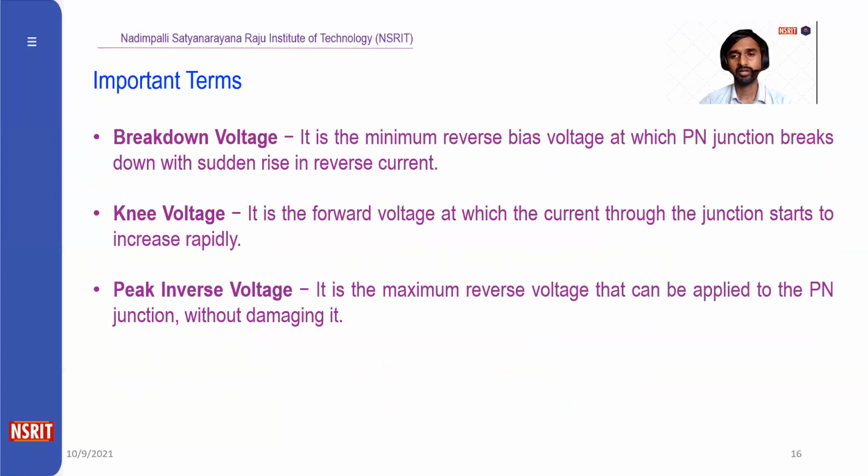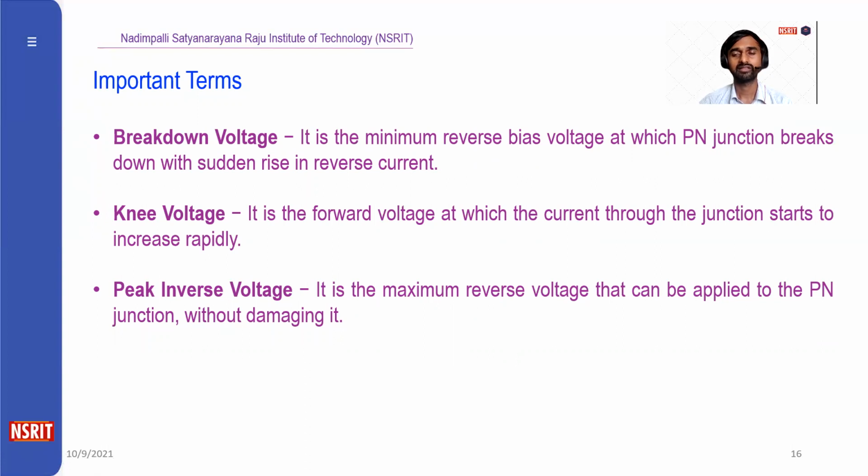Now, there are some important terms that we need to concentrate on. First is the breakdown voltage. Breakdown occurs in reverse bias condition. The minimum reverse bias voltage at which the PN junction breaks down with a sudden rise in reverse current is called the breakdown voltage. Knee voltage occurs in forward bias.